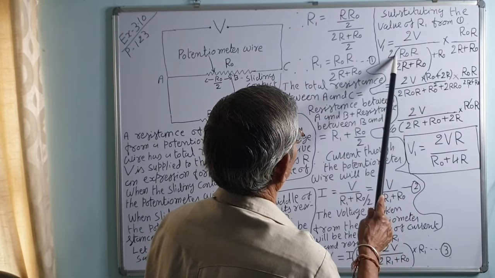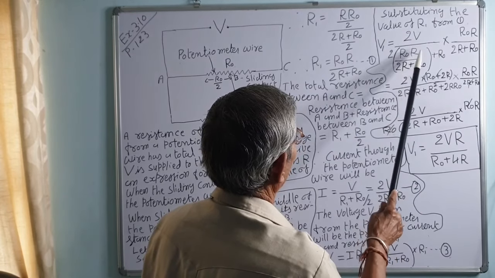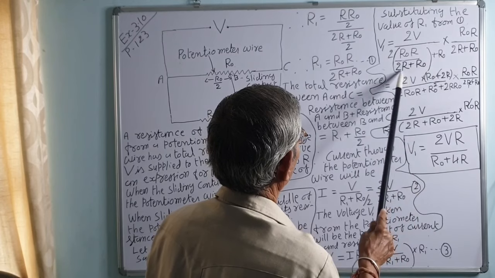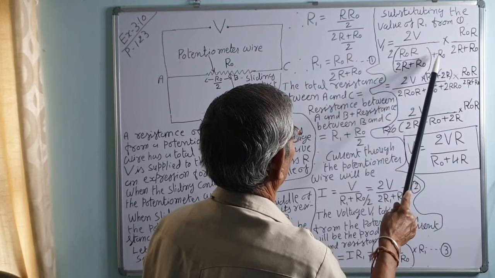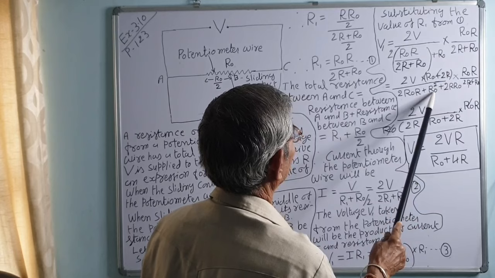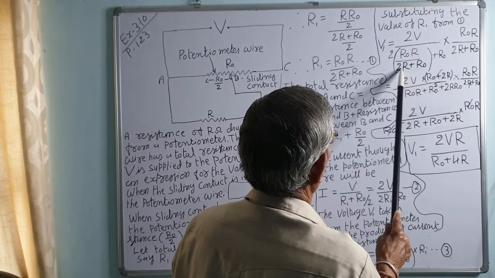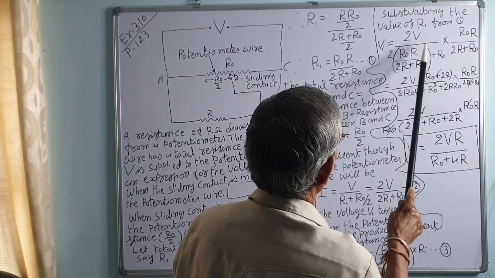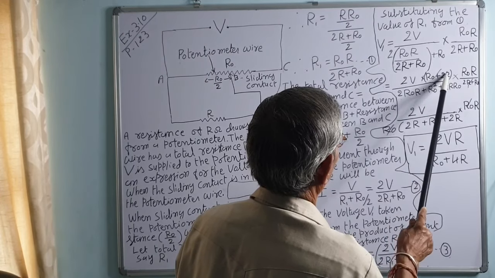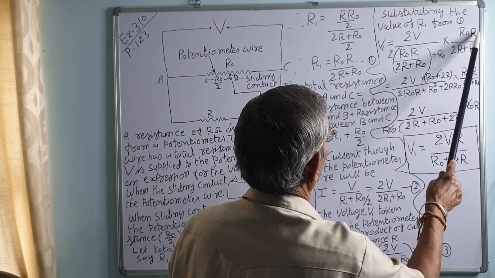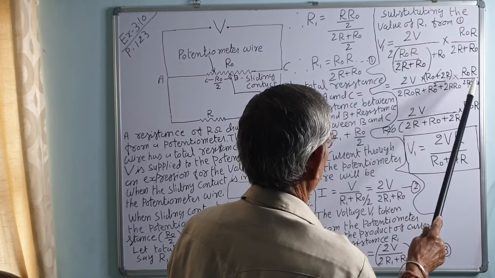Simplify it. So, that is equal to 2RR0 plus R0 square, correct, upon 2R plus R0. That will go up, 2R plus R0 into R0R upon 2R plus R0, correct.